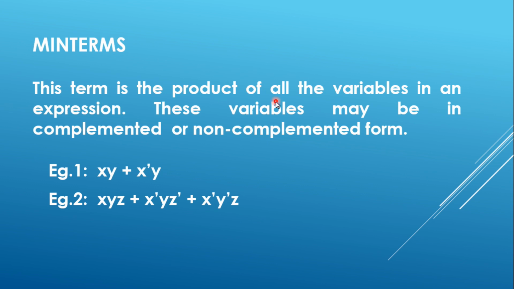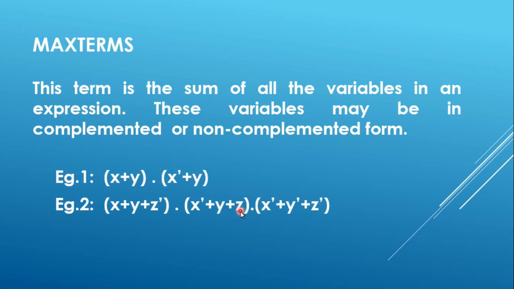Product terms may not have all the variables in the expression, but a min term is one which has all the variables in an expression, and it is the AND of those variables, whether in complemented or in non-complemented form. If we see this example, x y z plus x bar y z bar plus x bar y bar z, then x, y and z are the variables, and all three terms have all three variables, in complemented or non-complemented form.